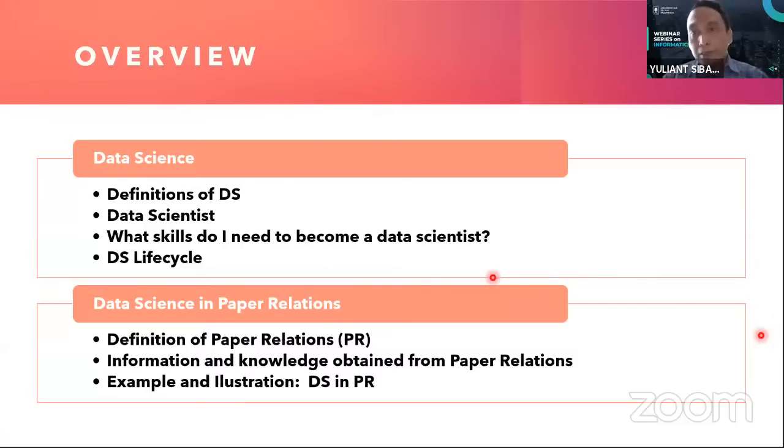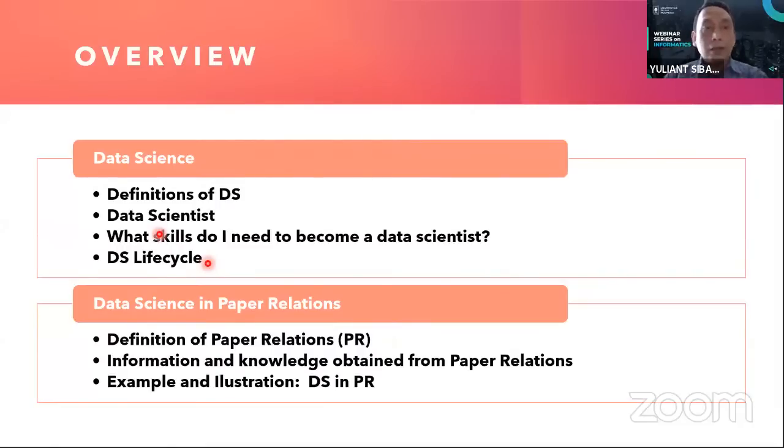The following is a review of the material that I will convey. The first part is about data science, where in this part I will define data science, data scientist, and what skills we need to become a data scientist. And the last is the data science life cycle.